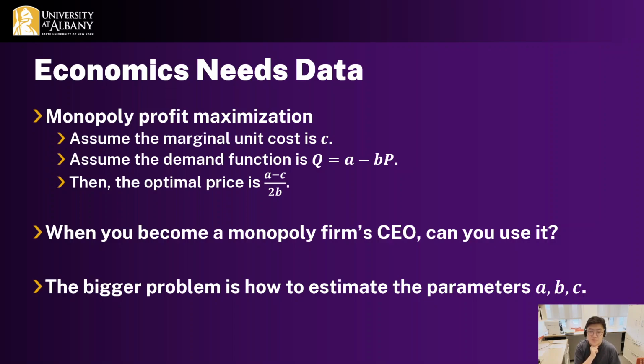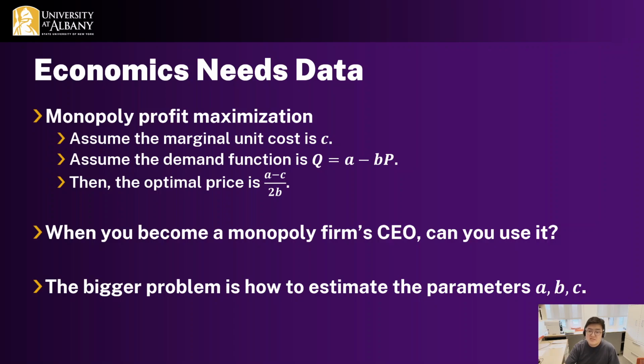That is not possible because you need to know what A, B, and C are, right? So the bigger problem is that solving this maximization problem is not that difficult, but the main problem is how we can find our cost and how we can find our demand.